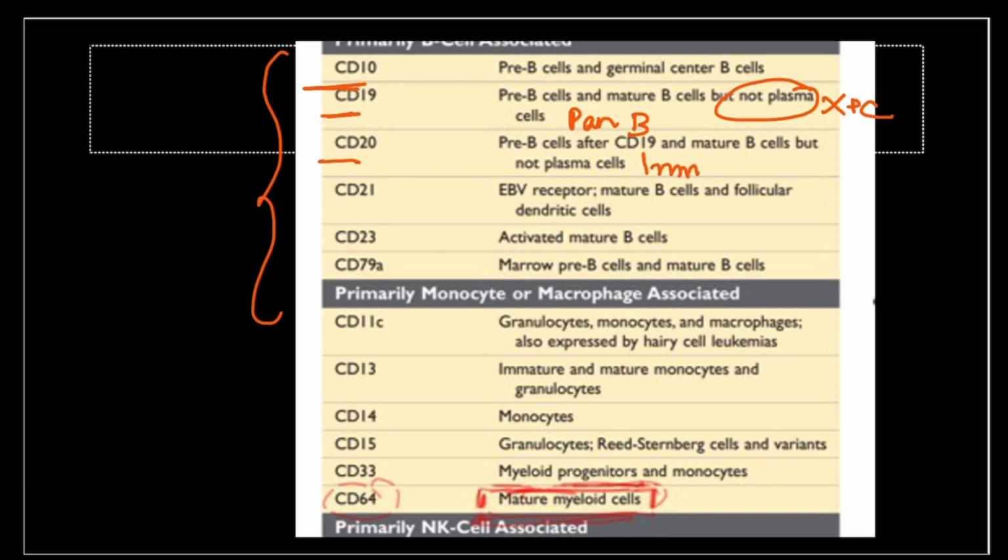CD20 arises in the immature B cell stage and is present in all the cell stages till mature B cells, but not plasma cell. CD21 is an EBV receptor and is also present in all the mature B cells and the dendritic cells. CD23 is a marker of activated mature B cells, and CD79 is present in conjunction with CD22 in your pre-B cells and mature B cells.